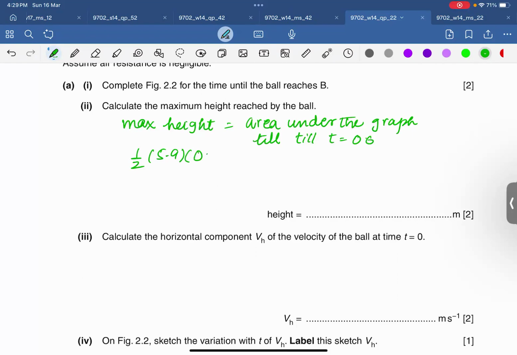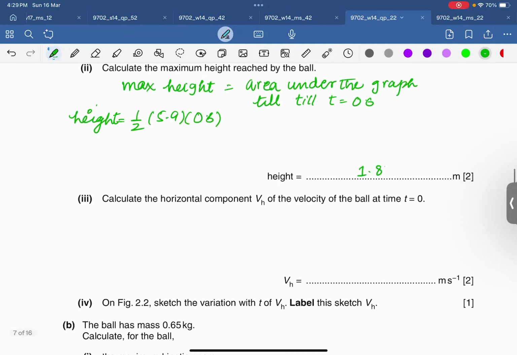How much? 1.77. So we take 1.8. Okay, let's move on.